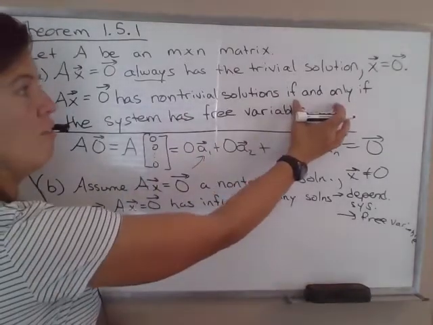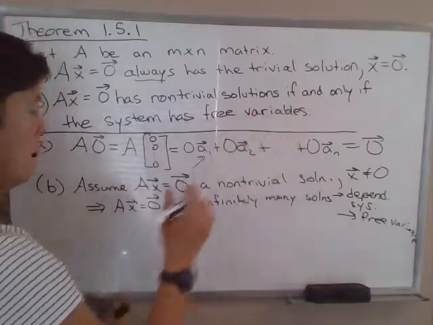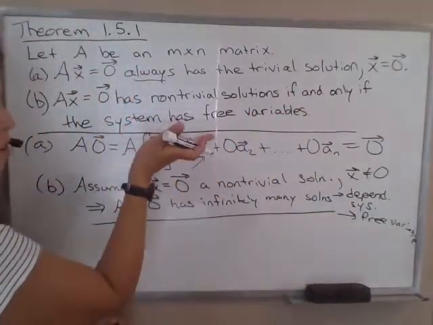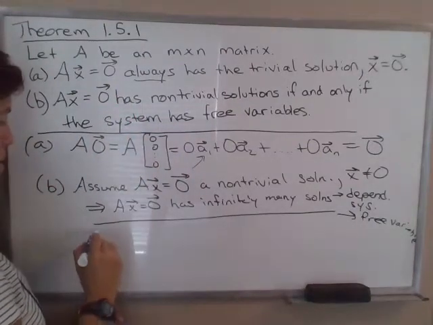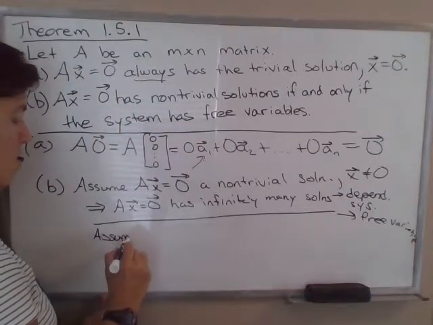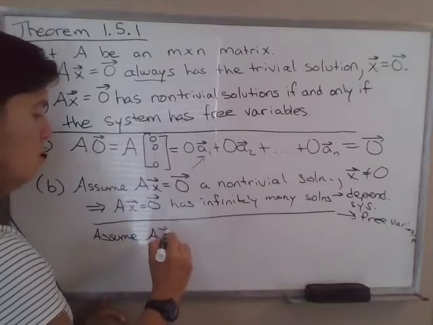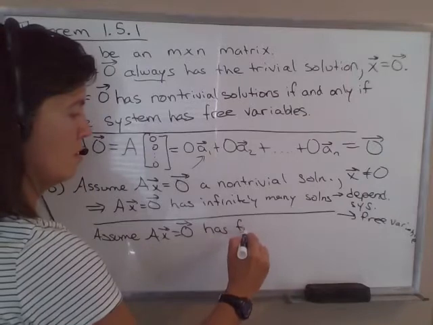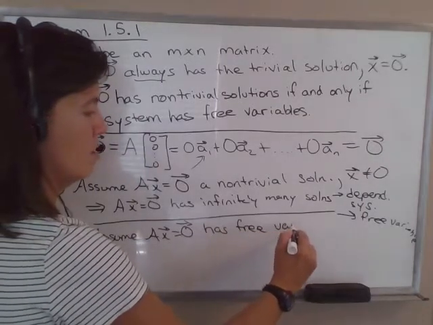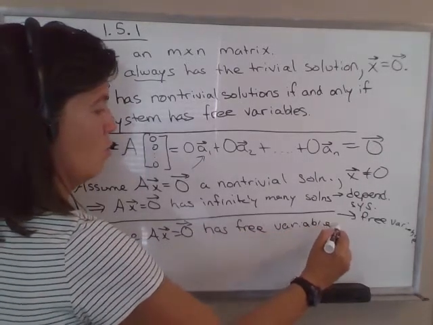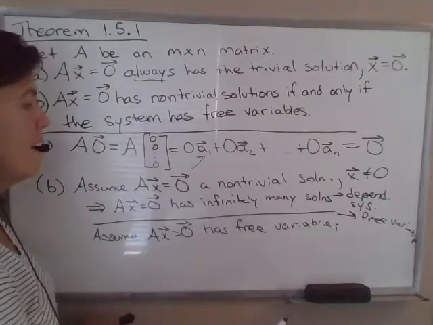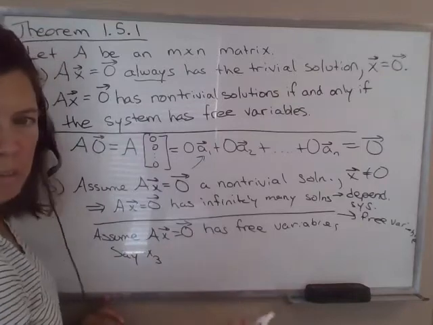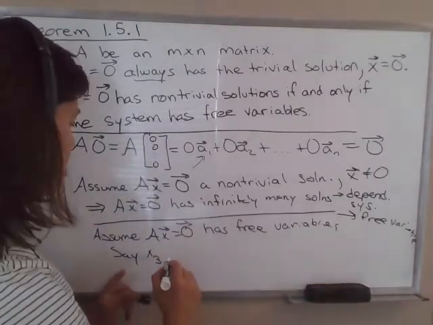Okay, but I said this if and only if implies the logic goes both ways. So draw a line here. What if we start at the other end? Assume that the system AX equals 0 has free variables. Well, if it has free variables, say x3 is free, like in one of the previous videos that I put up in this section.